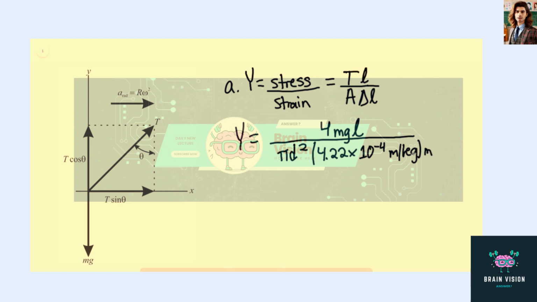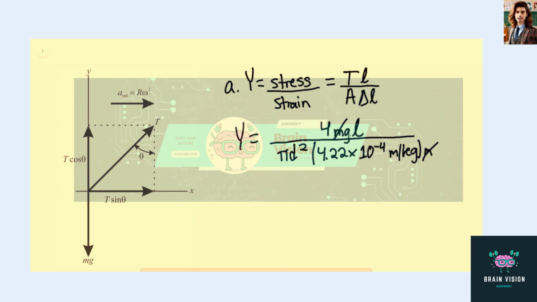So because it's per kilogram, we have to multiply it by a mass, and this mass cancels out with this. So essentially, for the mass divided by the change in length term, we can simply substitute 4.22 times 10 to the negative 4th meters per kilogram, and then cancel out mass in the numerator.